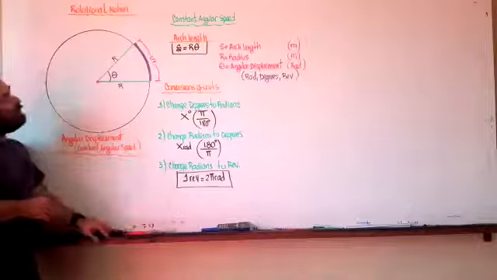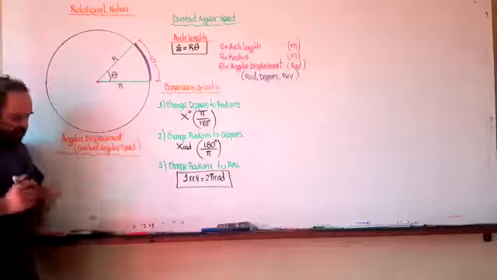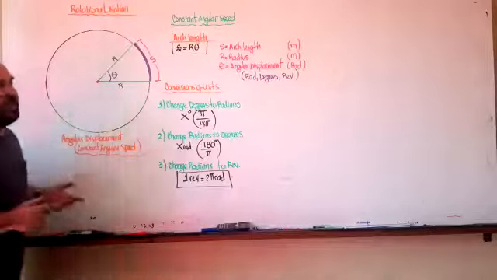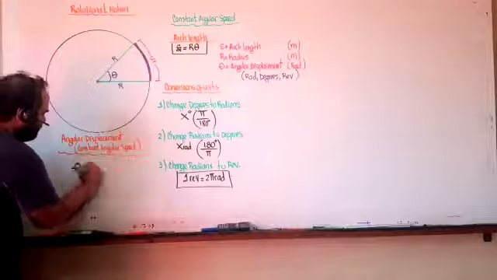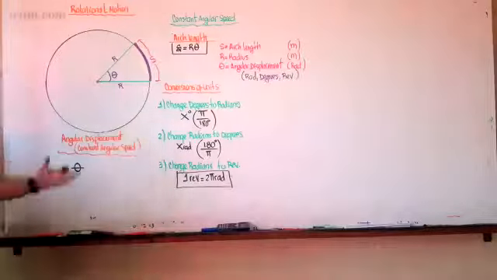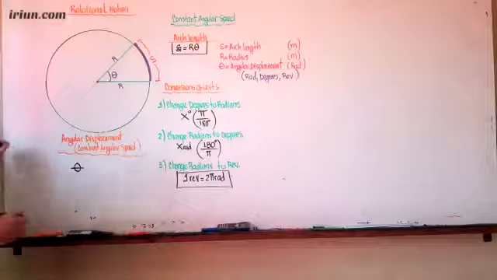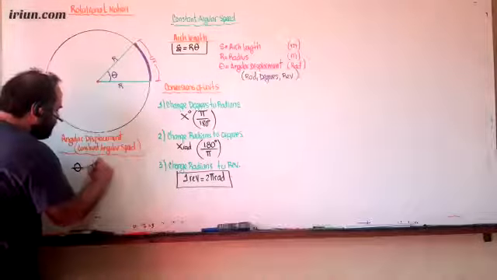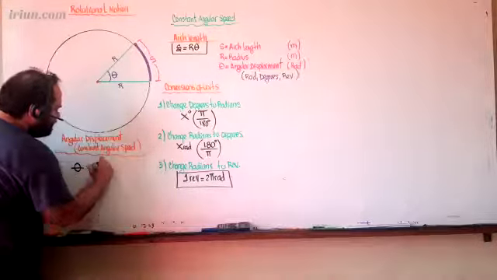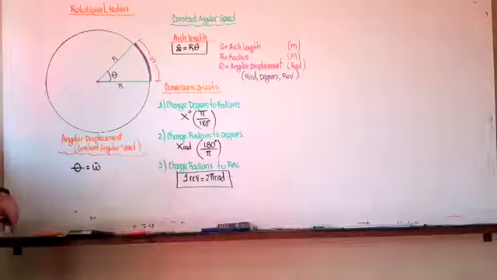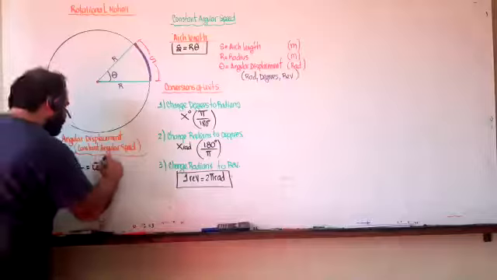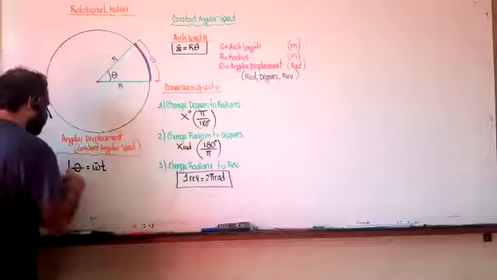Well, in rotational motion it will be the same, but instead of distance, we are going to use theta. Theta represents the angular displacement, and that will be the product of omega, a letter w with a horizontal line over it, multiplied by the period of time.